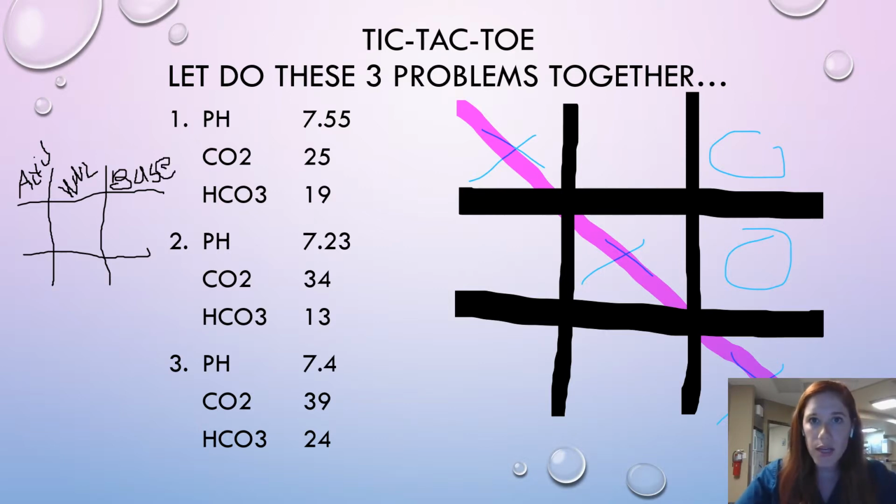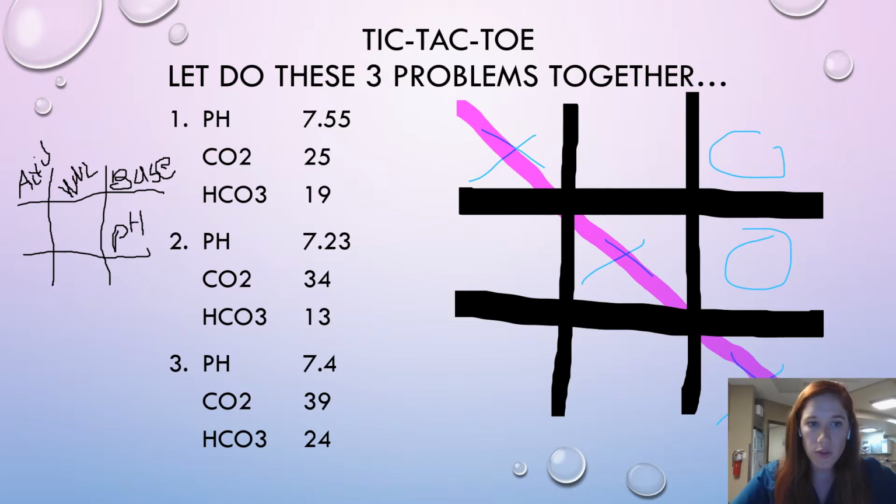Okay, so the first thing we have to look at is that pH, 7.55. Looking at our reference range, 7.55 actually pushes more towards the alkalinic side, because it's past that 7.45. So, therefore, that 7.55 is towards the basic route. So what do we then need to do? Well, we're going to put pH in the basic column.